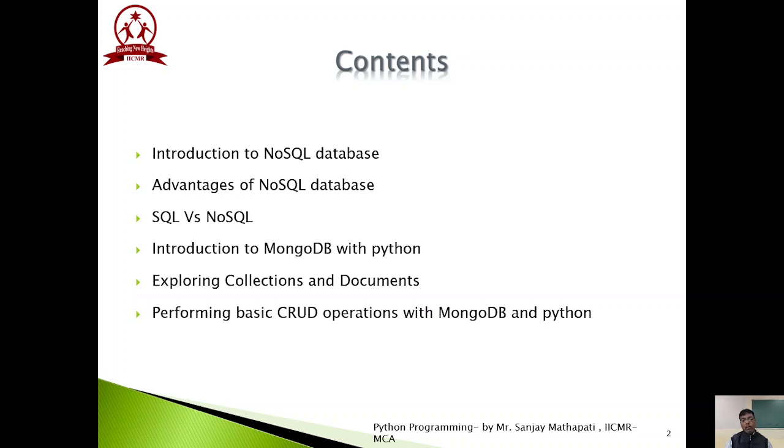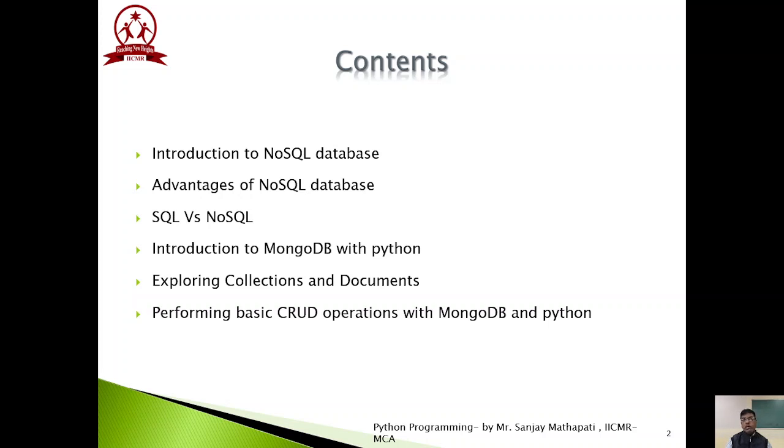Then again we will go through how MongoDB can be handled or connected through Python, so using Python, how we can communicate with MongoDB. This entire session is divided into three parts. The first one is the introduction to NoSQL, SQL, and the differences, various data types, and various databases available. That introduction will be in the first section.